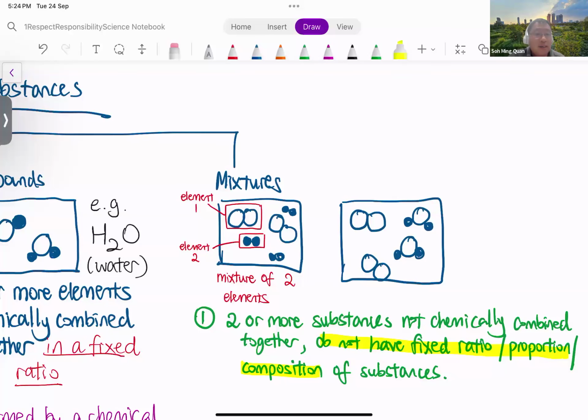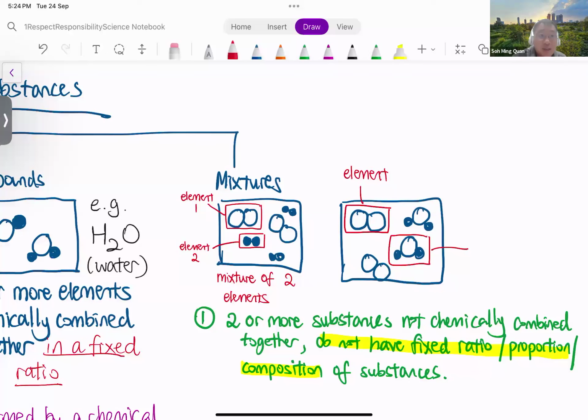So on the left, we see a mixture of two elements. The two elements are not chemically combined together because they're not joined. Then we move to the right-hand side, also a mixture. But this time around, we box up. This one is an element because it contains two white circles only. However, another combination that we saw is that now we have two dark circles joined to one white circle.